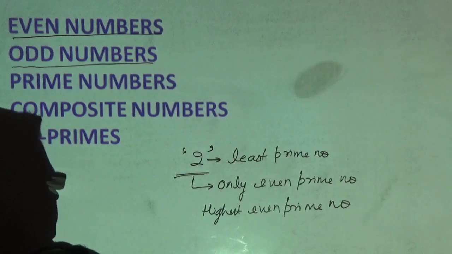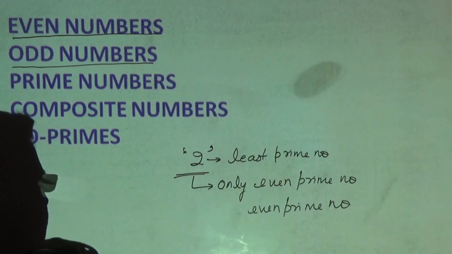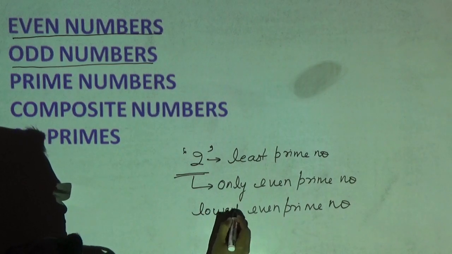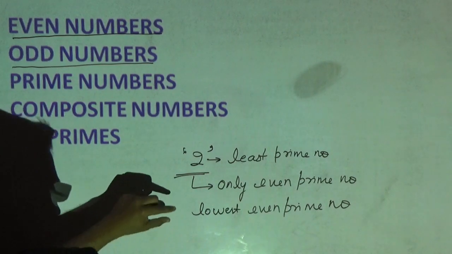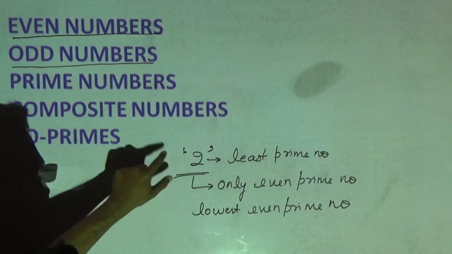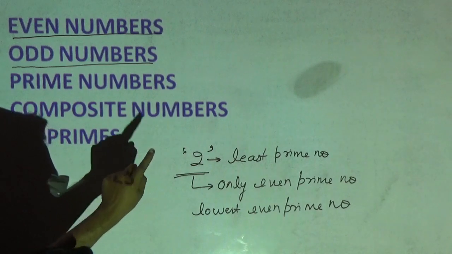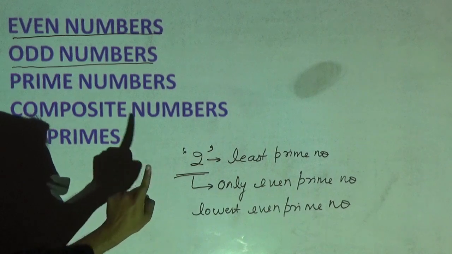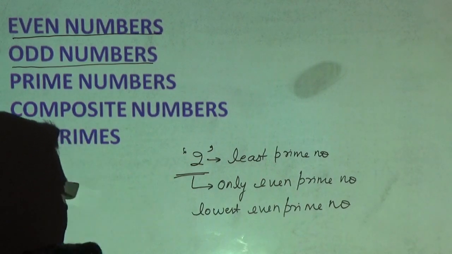So the answer is 2 either way. 2 is the least prime number, the only even prime number, the highest even prime number, and the lowest even prime number.